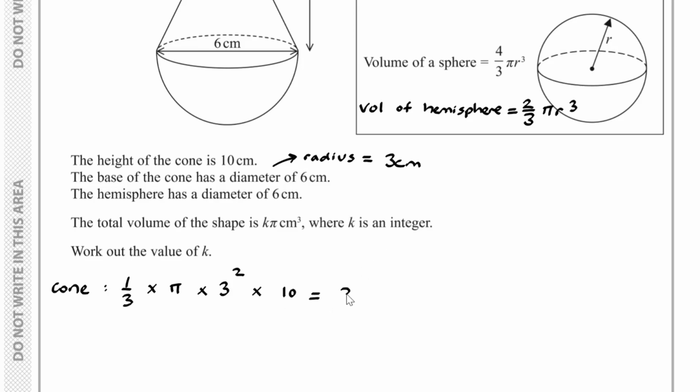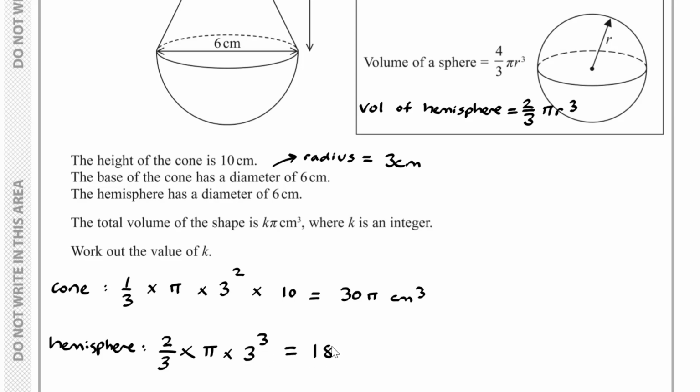So here we come out with 30 pi centimeters cubed, and the hemisphere, we have 2/3 multiplied by pi multiplied by 3 cubed.